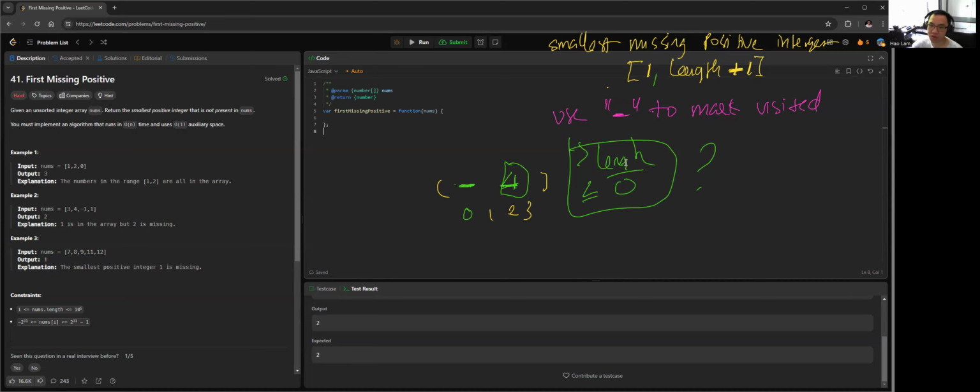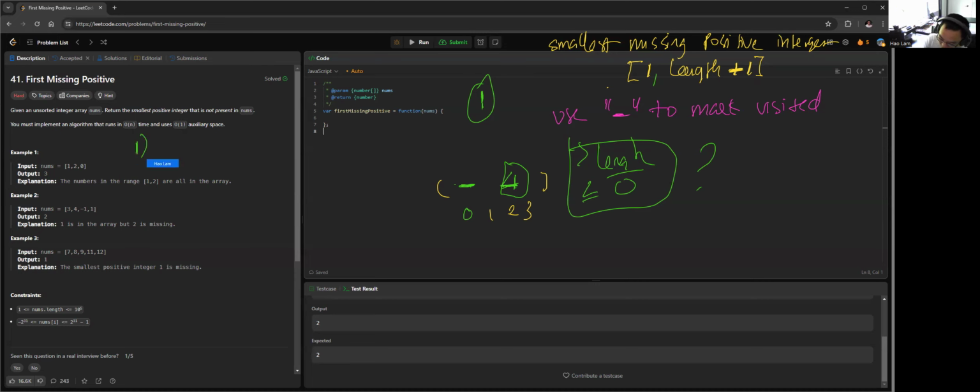So what number should we use? We can use the smallest integer, 1. But if we use 1, we need to make sure that 1 already exists in our array. Because if 1 doesn't exist, then the smallest missing positive integer is going to be 1.